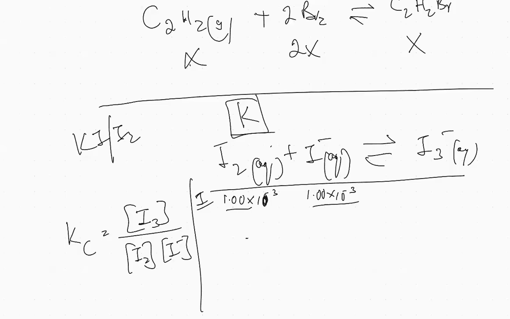Then at equilibrium, for the iodine only, it has given 6.61 times 10 to the negative 4. Now remember we talked about this x and 2x and x. We have to have that knowledge here in solving this. They say after the equilibrium we are left with 6.61, right?